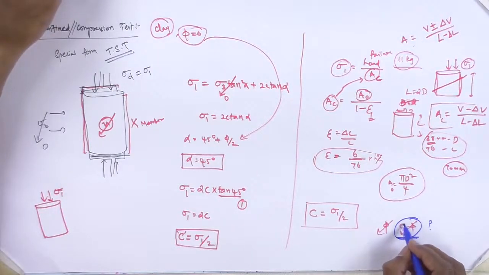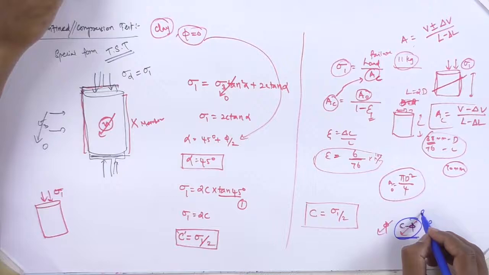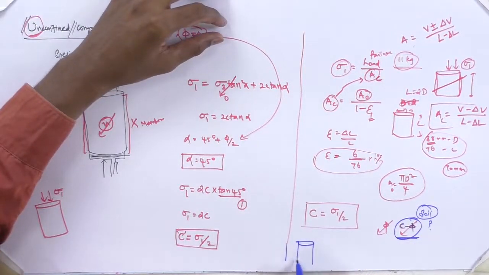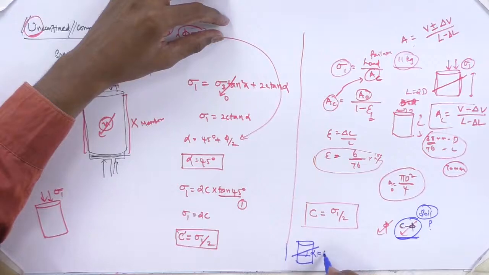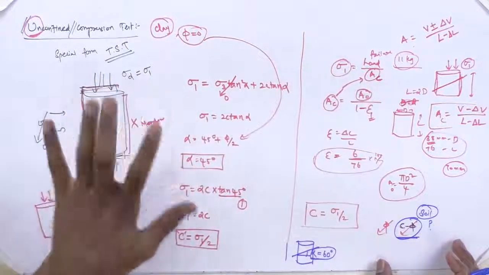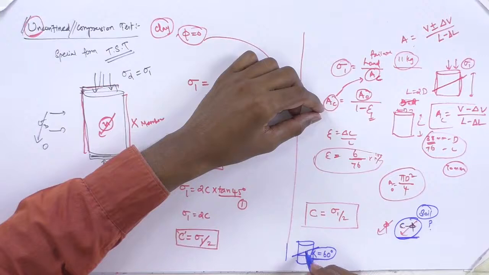If you are taking a C phi soil, and your sample has failed at an angle alpha, this alpha can be measured. Suppose you measure alpha as 60 degrees. This has some graphical procedures only, you cannot go for numerical values. So alpha is 45 degrees plus phi by 2, so 60 degrees equals 45 plus phi by 2.